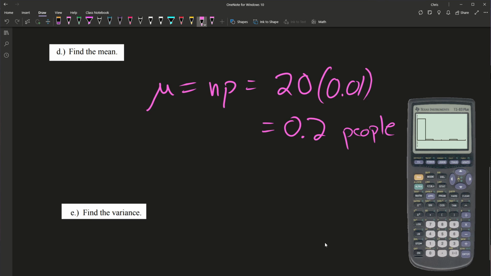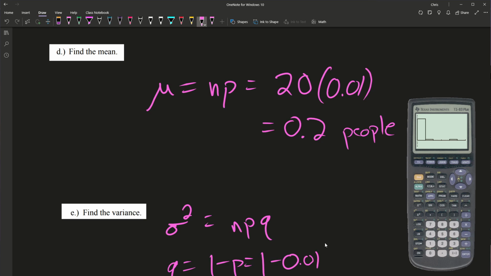For finding the variance, since this is a binomial, we use the formula that sigma squared is n times p times q. Remember that q is 1 minus p, which is 1 minus 0.01, which is 0.99. So sigma squared is 20 times 0.01 times 0.99.